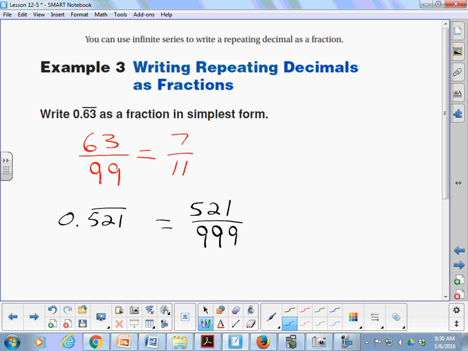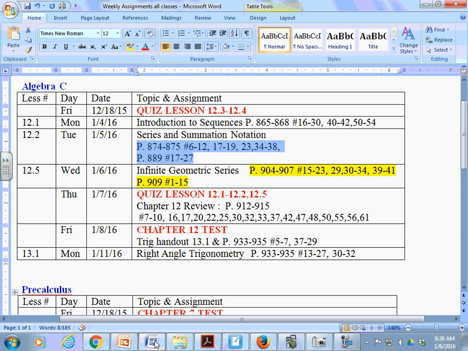Do you think you can do those types of problems? You don't know? All right. However many decimals repeat, I put that number in the numerator and that many 9s in the denominator and simplify. I think this is the fastest I've ever been done with a lesson. It's been a while.